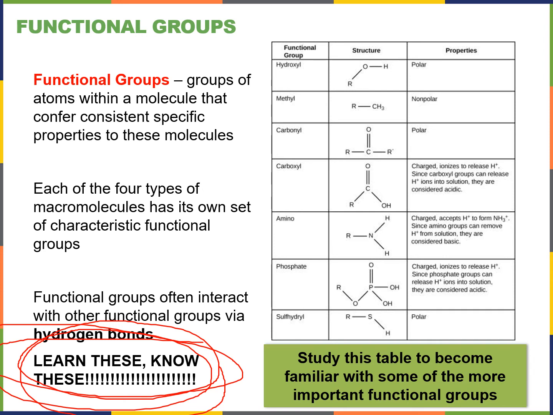unless you add some attributes to it. Attributes in the form of these functional groups. Functional groups, by their name, give a carbon chain, whether it's a cyclic chain or a straight chain, an ability to interact with other molecules in close proximity.